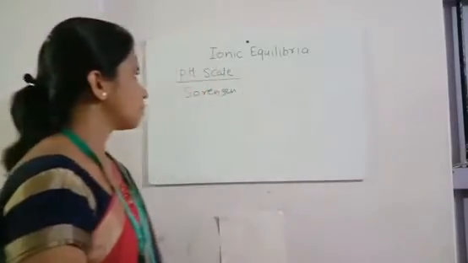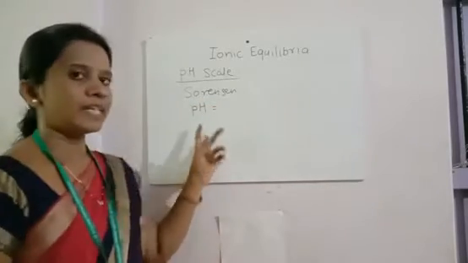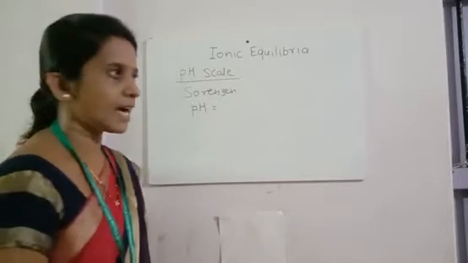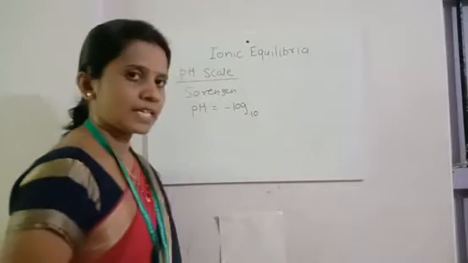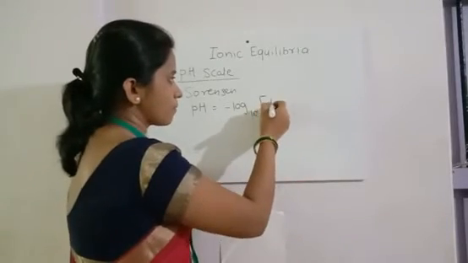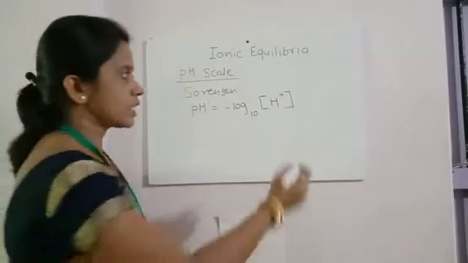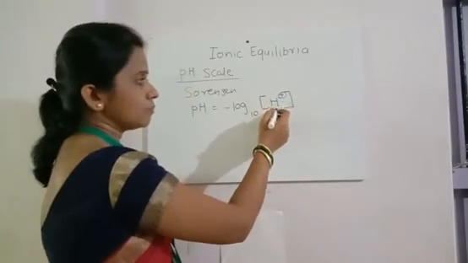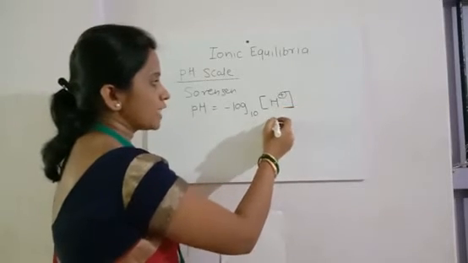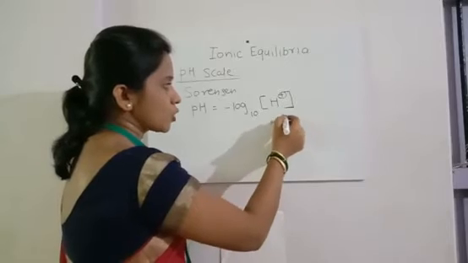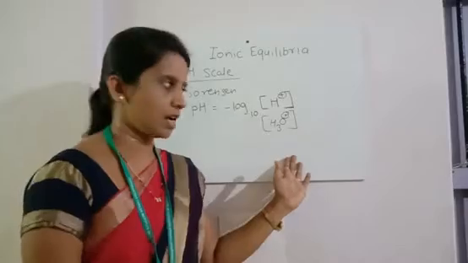So according to him, what is the pH? The pH of a solution is defined as the negative log to the base 10 of the H plus ion concentration, and instead of H plus we can take the concentration of H3O plus ions, that is the hydronium ion.